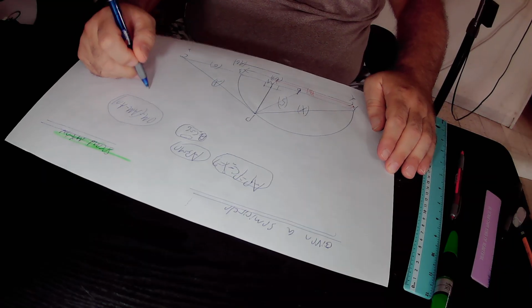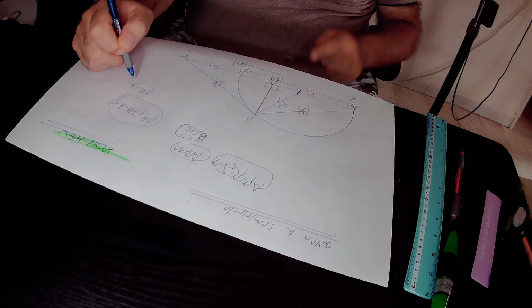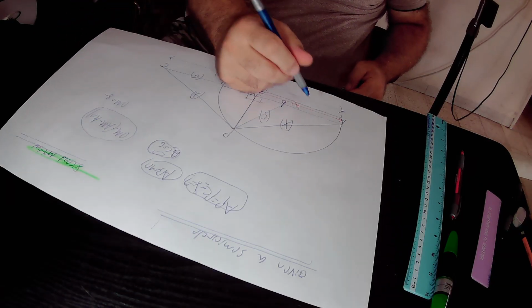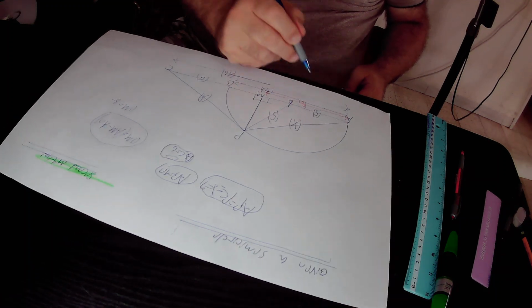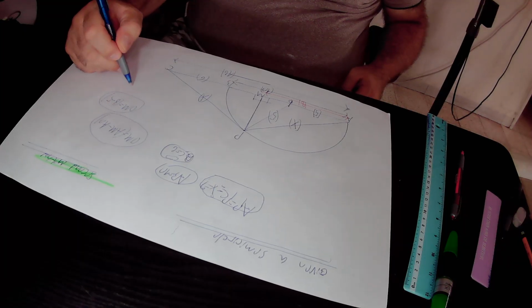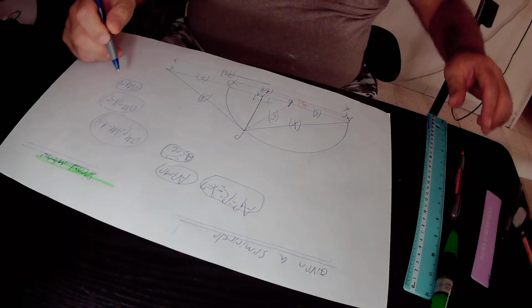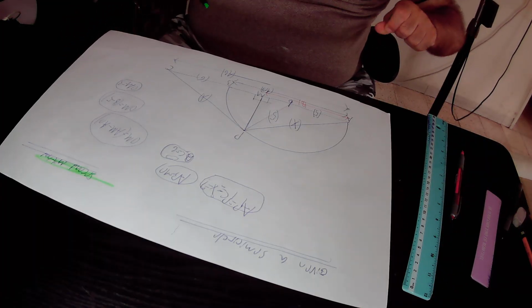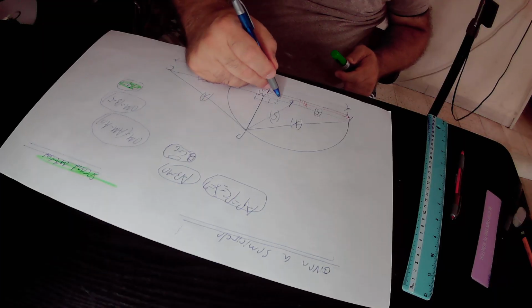AM equals 8, minus AO, that is 5. AO is the radius of the semicircle, that equals 5 units in length. So in total, OM equals 8 minus 5, that is 3. OM equals 3 units in length.